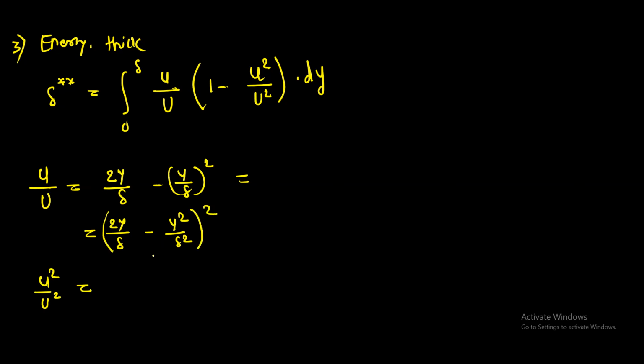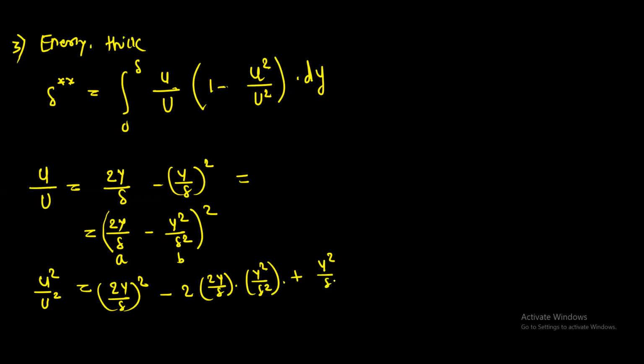Now we use (a minus b) square. You can treat this as a, this as b. So (a minus b) square is a square, so 2y upon delta square, minus 2ab. So 2, a is 2y upon delta and b is y square upon delta square, plus b square. So it is y square upon delta square, whole square.